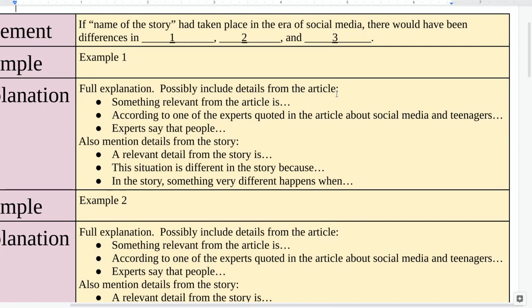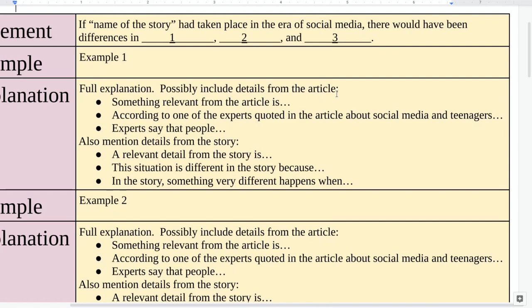So I can't say that, but I can say that you could find things that are relevant from the article, a detail. Maybe it would be something like, something relevant from the article is, or according to one of the experts quoted in the article, or experts say that people, whatever it is, something from that shows you're learning from there.